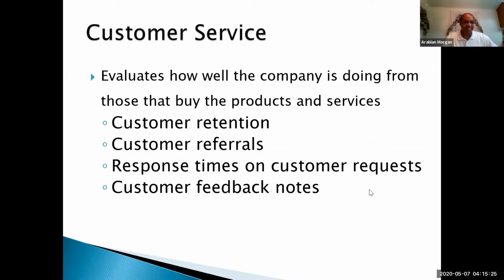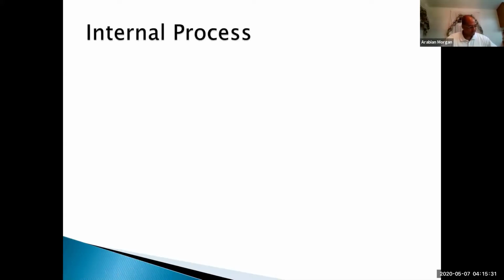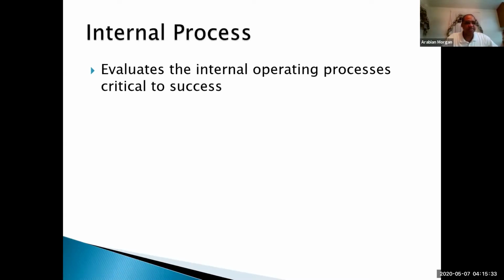All right. So let's look now at the internal process, number 3. This is the company evaluating the internal operating processes critical to their success.